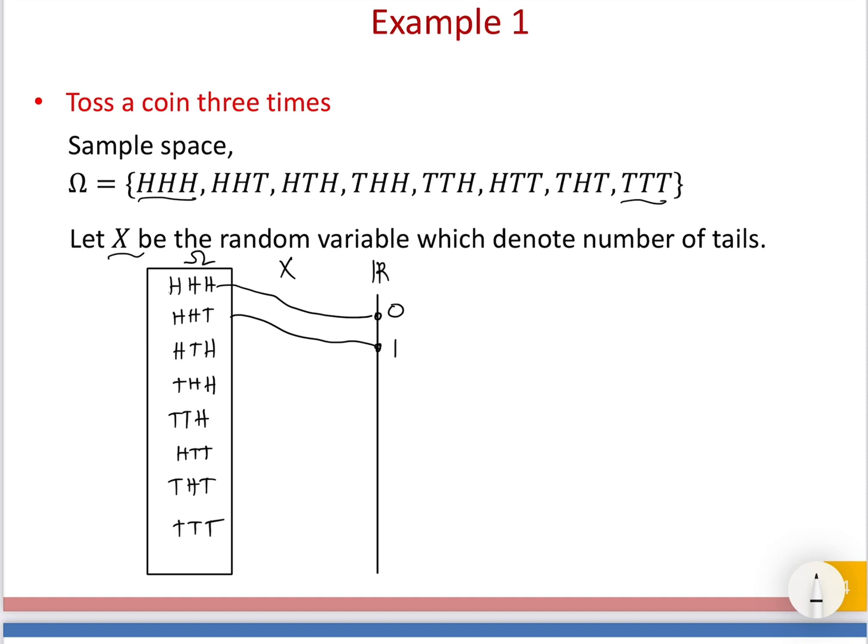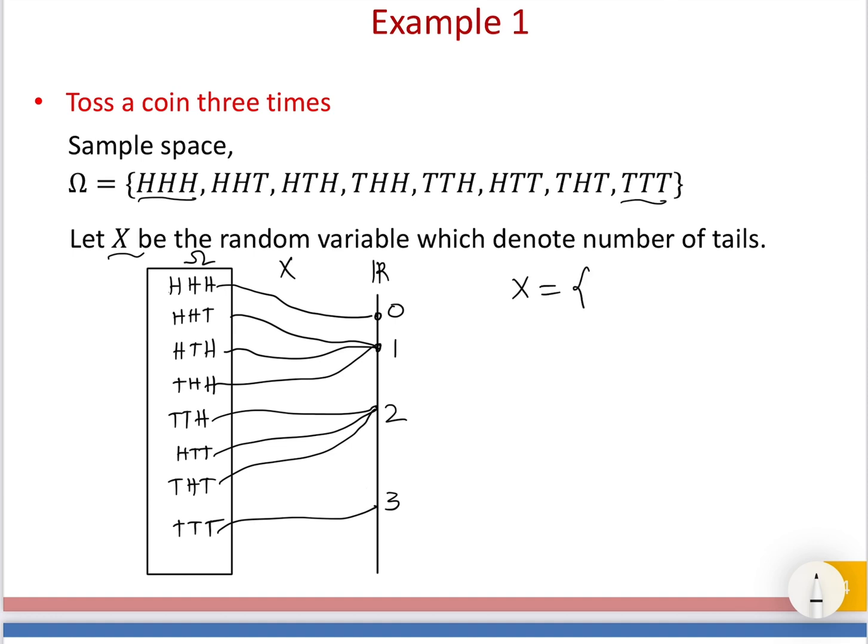Our third and fourth outcomes also have one tail, so let me assign 1 to these outcomes as well. Similarly, this will be mapped to 2, and this final outcome will be mapped to 3. From this we can say that this random variable has 4 elements: 0, 1, 2, 3, because the image of omega under this map has only 4 elements, and we call this a random variable.